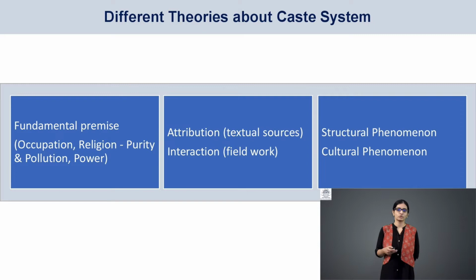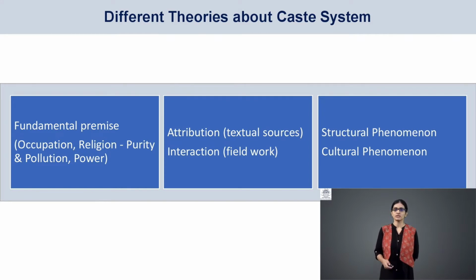The second set of theories are those which define caste based on the source from where they get their knowledge. So you have the textual sources of knowledge, theories which base themselves on the textual sources, and within this set there could be interactional theories, theories which rely on intensive field based working of caste and the interaction between different castes.